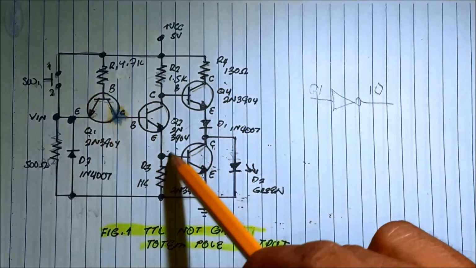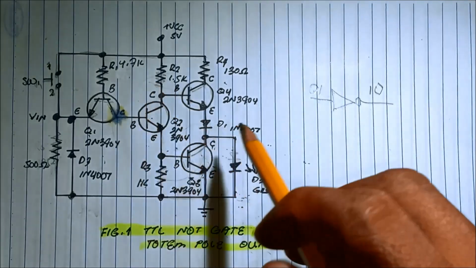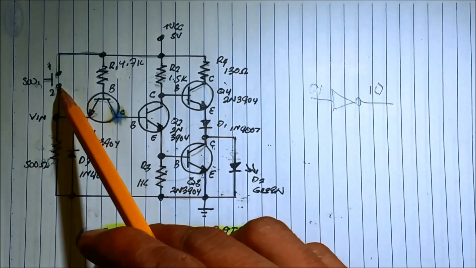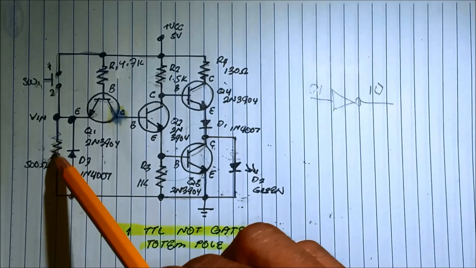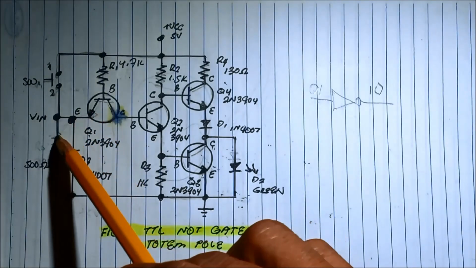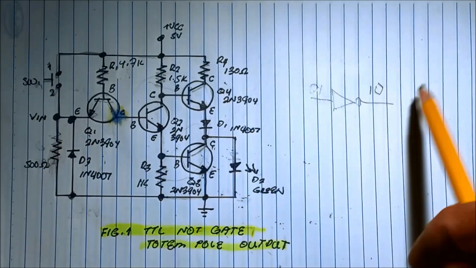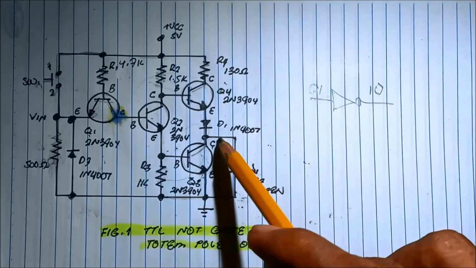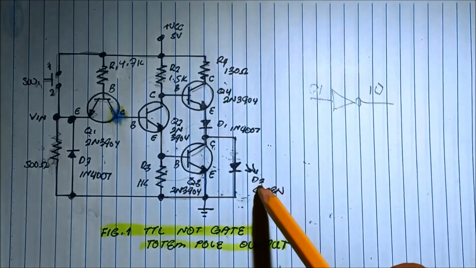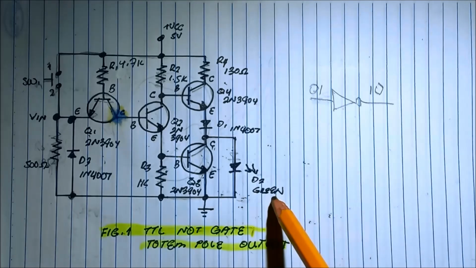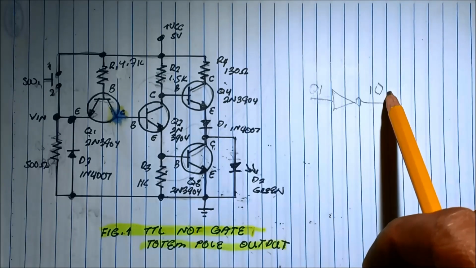This whole circuit, and I only add a switch and a pull down resistor for the input side, and then to the output I'm using the LED green to indicate that there's an output.